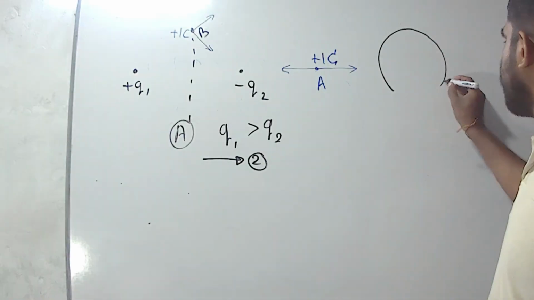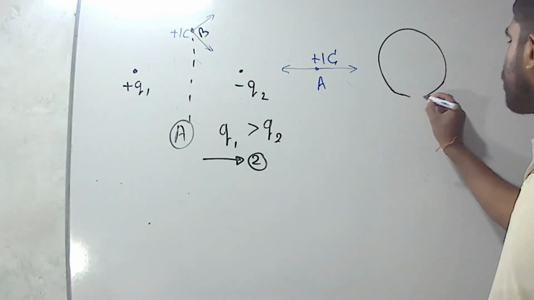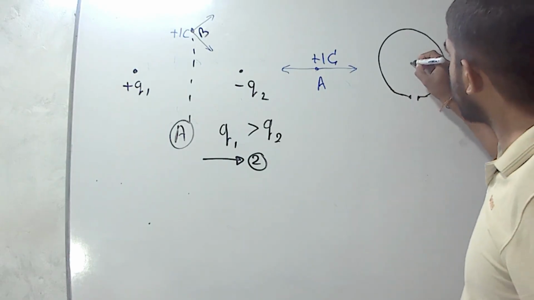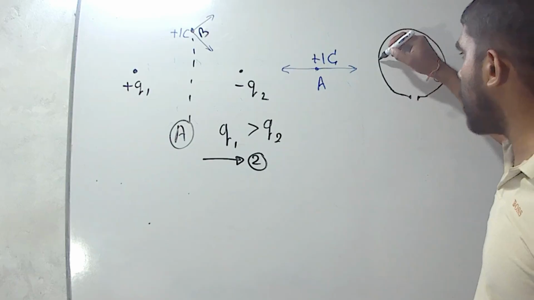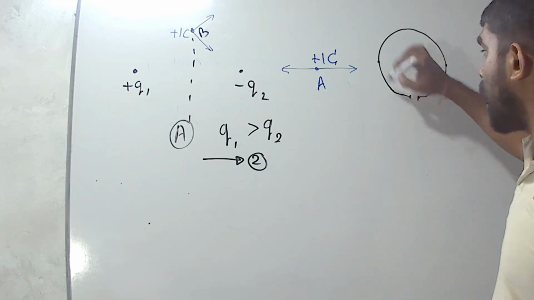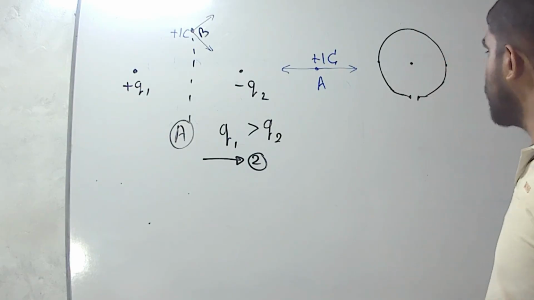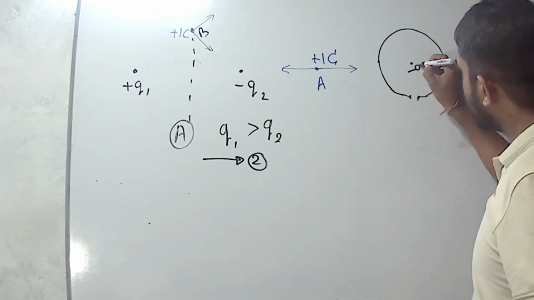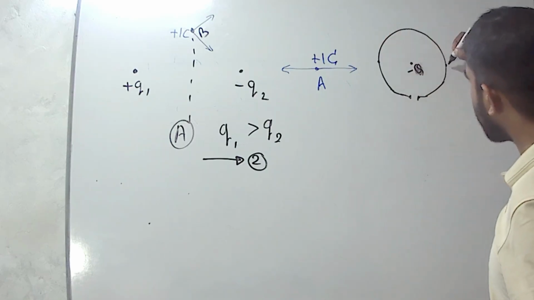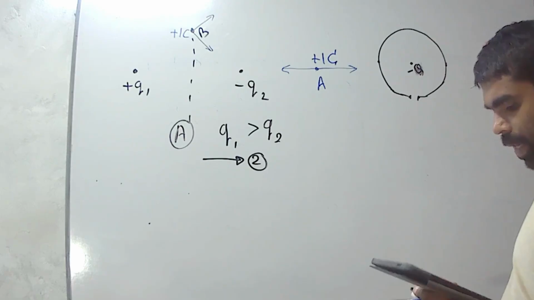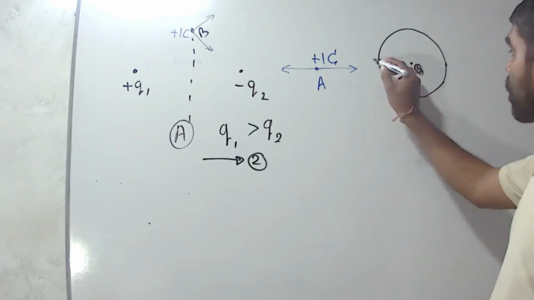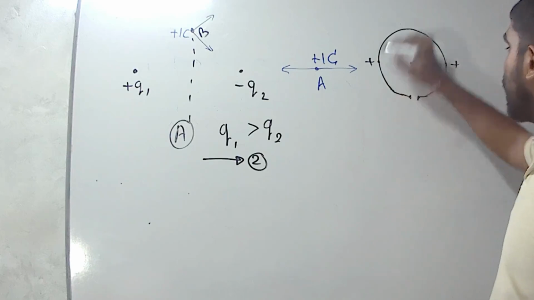When considering the ring, there are equal and opposite forces due to point charges on the circle. I will consider this minus Q charge, and when considering these 2 point charges, we can get that there is a plus charge along the ring.